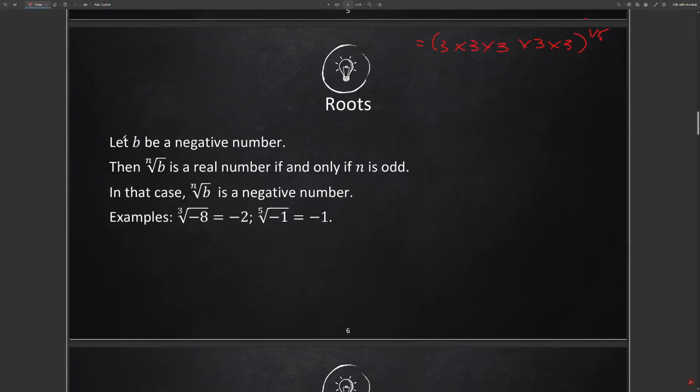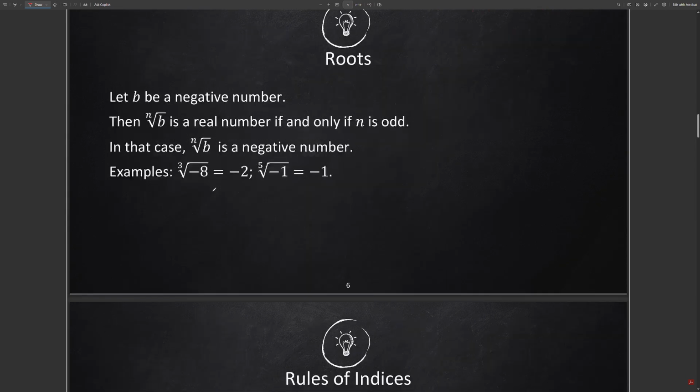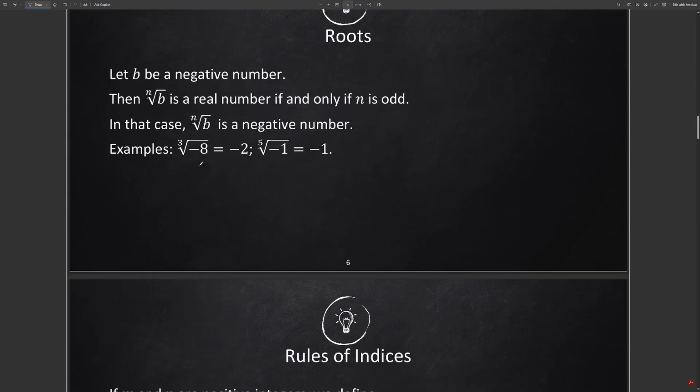Right, so moving on, let b be a negative number, then the nth root of b is a real number if and only if n is odd. So that means really I'm concerned with this number inside our root sign here being negative. In other words, we find the nth root again of this number.